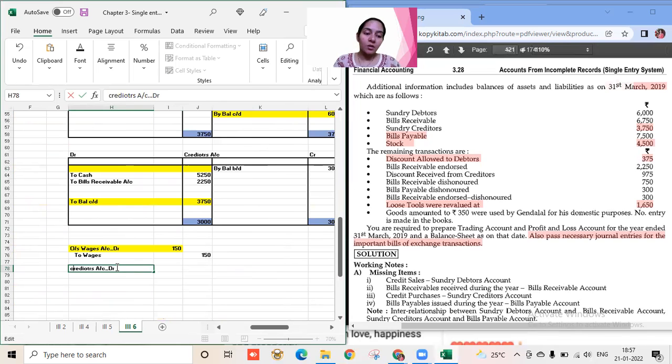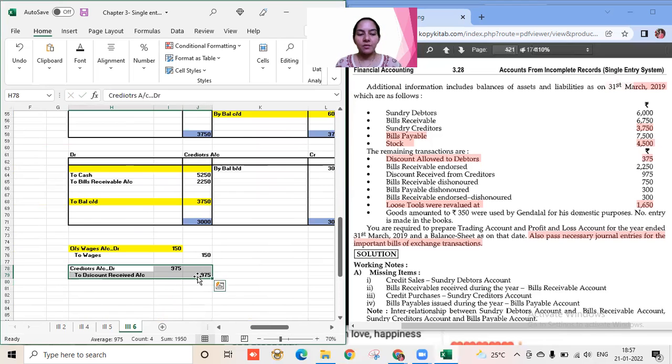So what will happen to the creditors account? Debit. Creditors account debit and discount received credit. Correct. So 975, creditors account is debited to discount received account is credited.